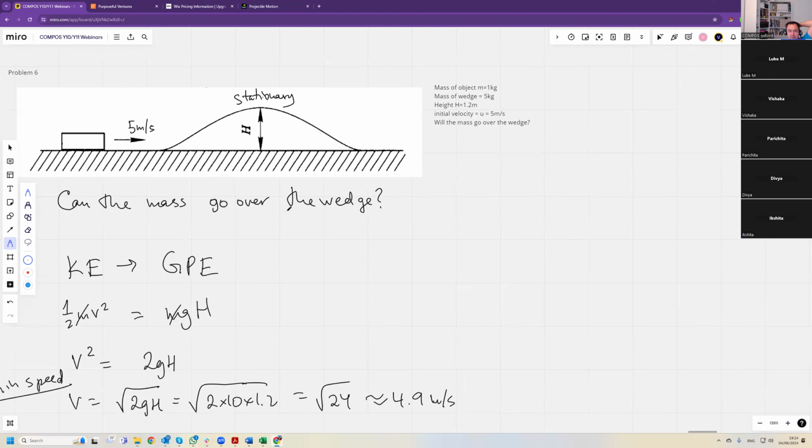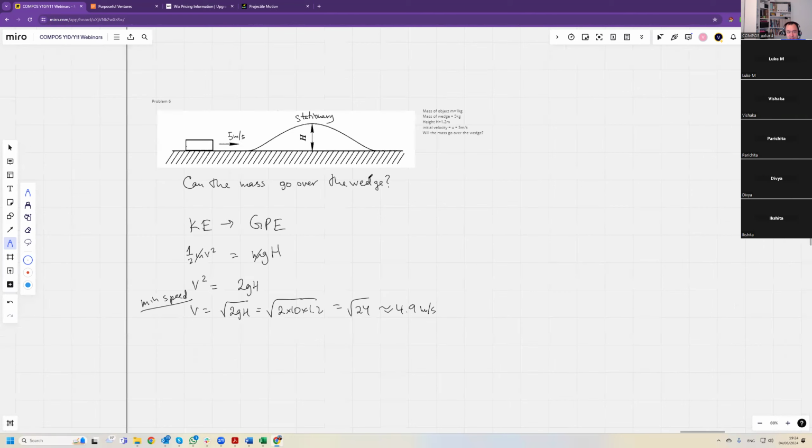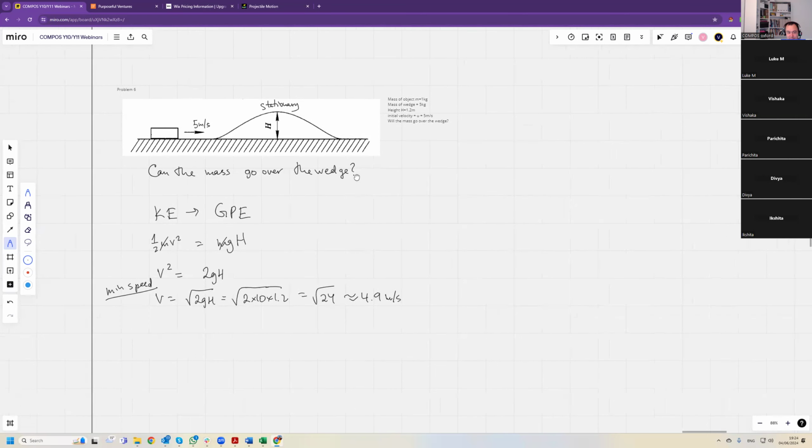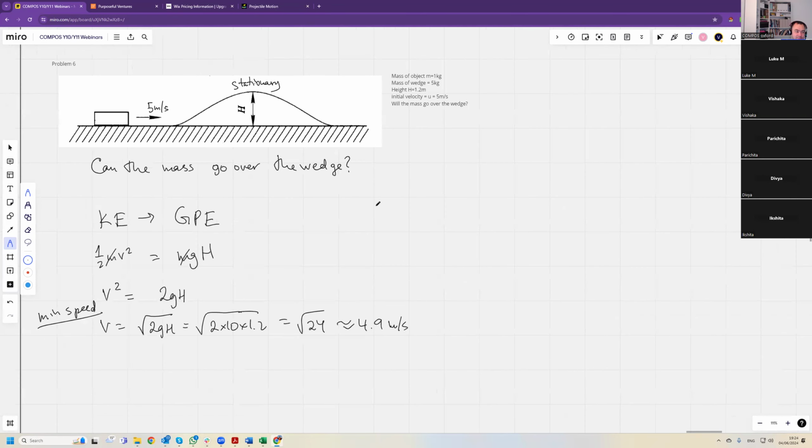I might not have made it obvious, but the wedge can move. The wedge is not fixed to the ground. So that would happen if the wedge were fixed.